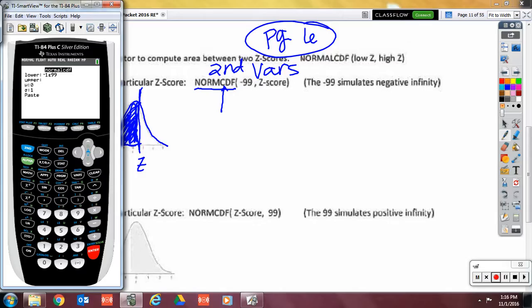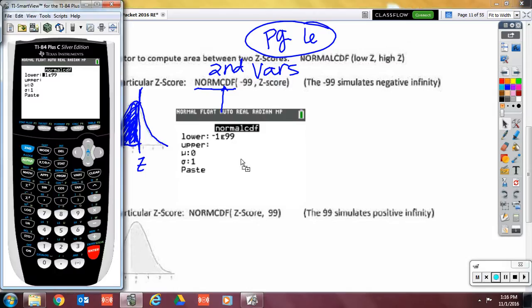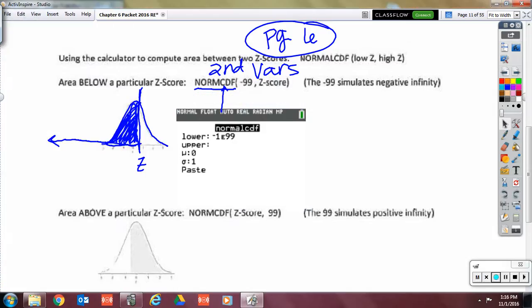There it is. So you either have this menu right here that shows up, or you have the other thing that's just parentheses. The other one looks like this: norm CDF, and then you have an open parenthesis. So you have one of these two situations.